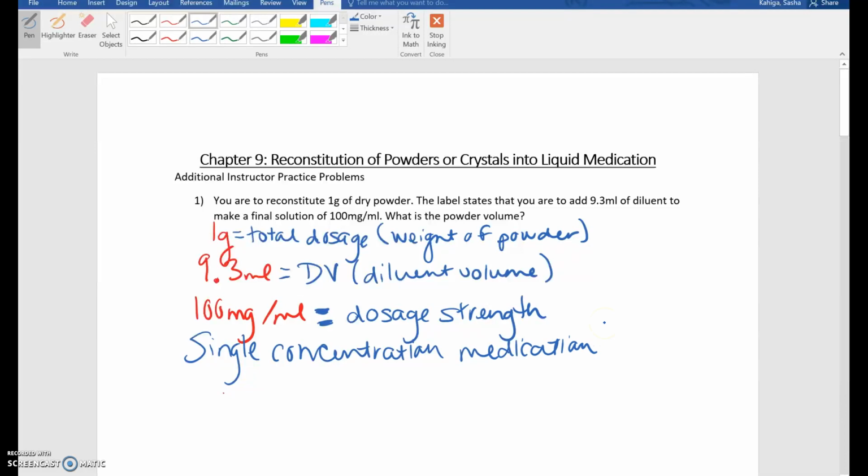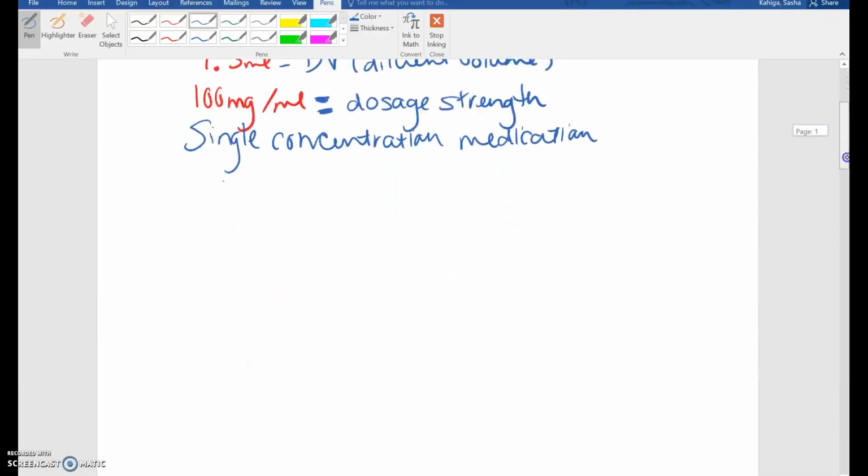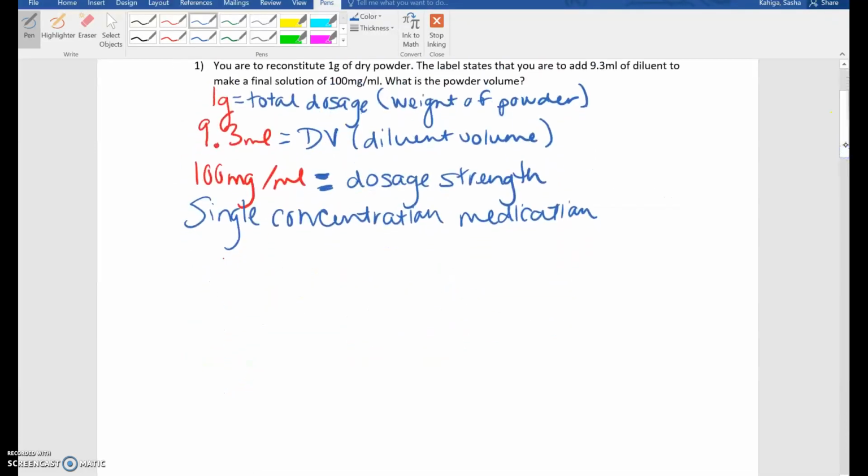All right? What they want us to do is calculate the powder volume. Remember, your formula for powder volume is PV equals FV minus DV.